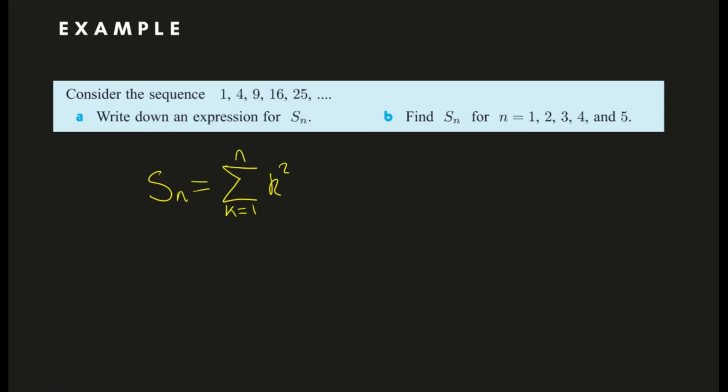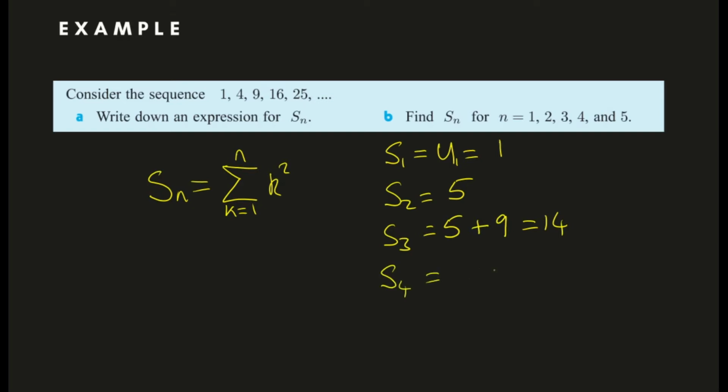To find each sum, we can do this kind of manually. The sum of the first term is just U1, so that is going to be 1. S2 is 1 plus 4, it's going to be 5. S3 will be 1 plus 4 plus 9, so that original 5 plus the 9 for U3, that's going to be 14.